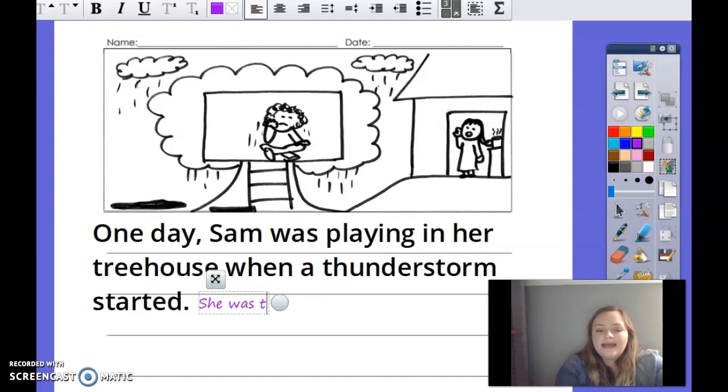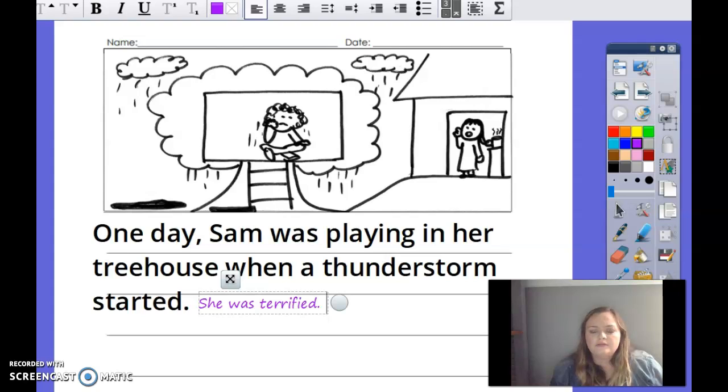I think I'm going to add terrified, because scared is a good word, but I think terrified is an even better word for scared. So I'm going to write terrified. Now I have a feeling in there, but I think I could still add some dialogue.